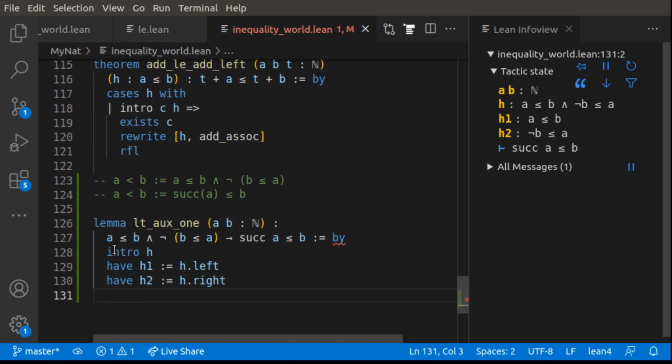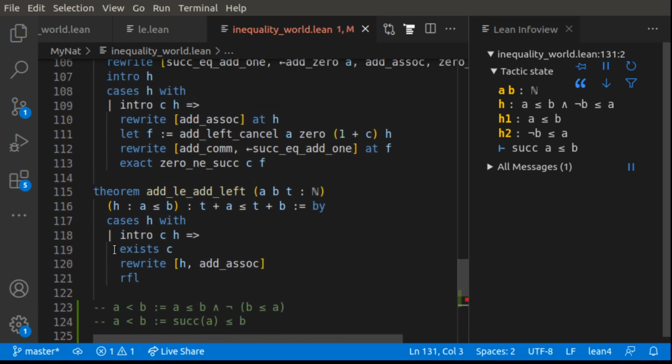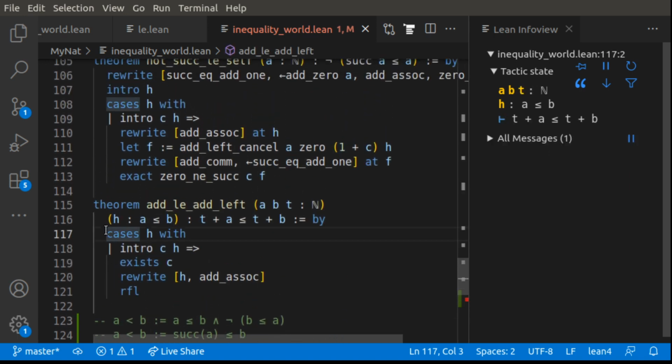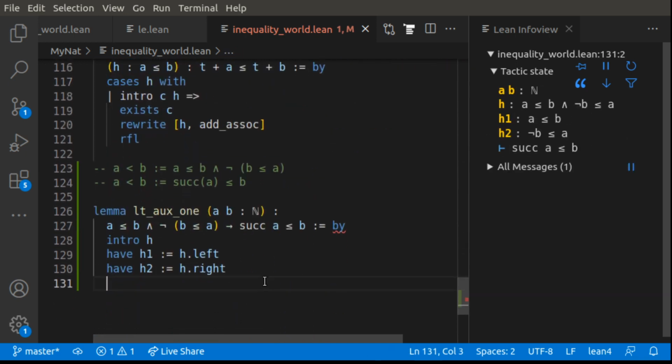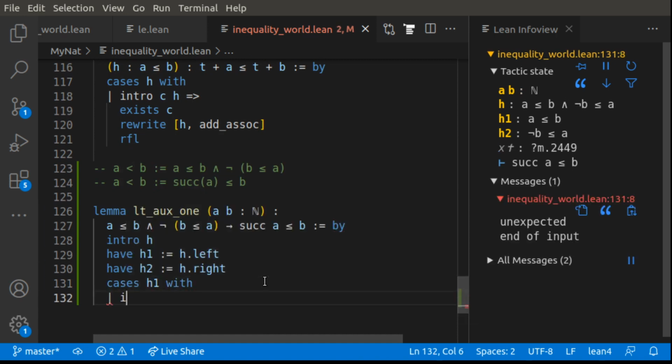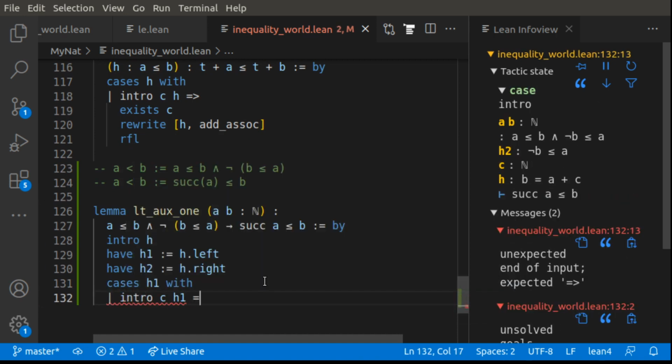Okay. And we need to prove that successor of A is less than or equal to B. So we have a hypothesis, we can do cases on it. Cases h1 with intro c h1.